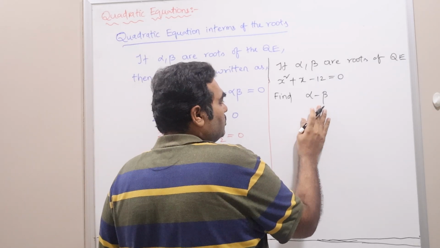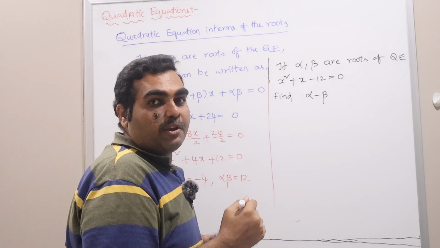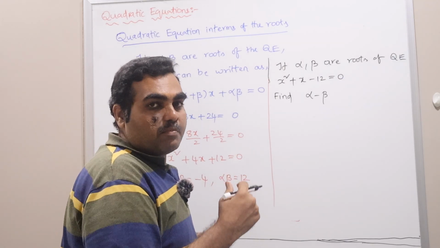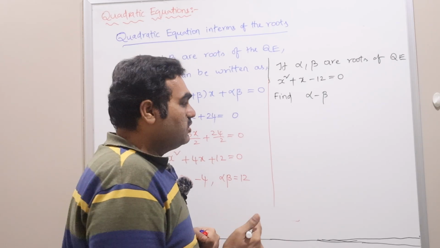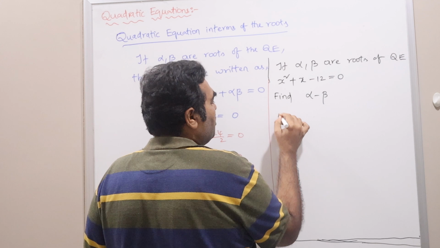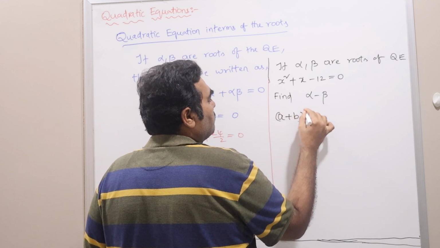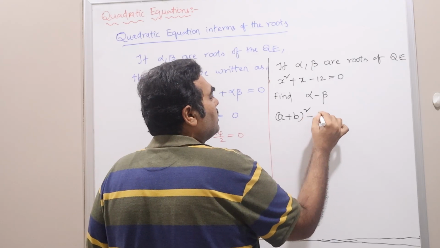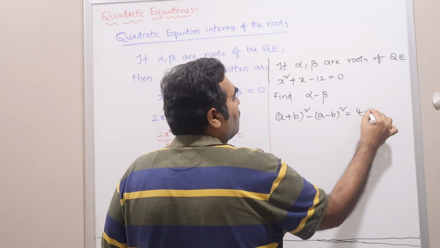So you know that to solve this, you need to use some basic result that you learned in your high school in the topics of maybe algebra and the concept of exponents. So now I'm going to give that. You might have seen this equation, (a plus b) whole square minus (a minus b) whole square is equal to 4ab.